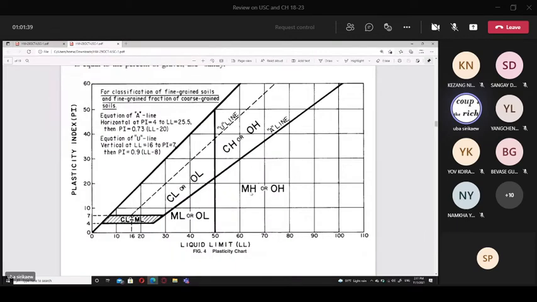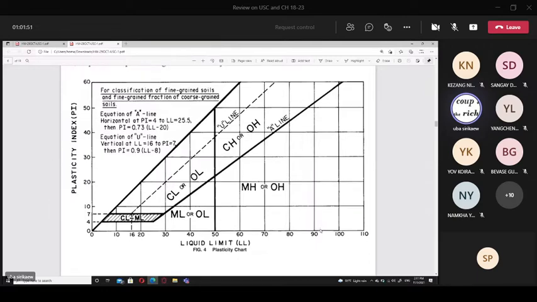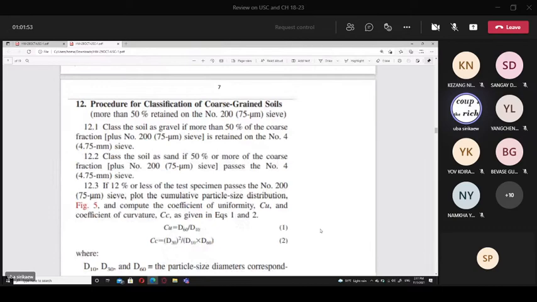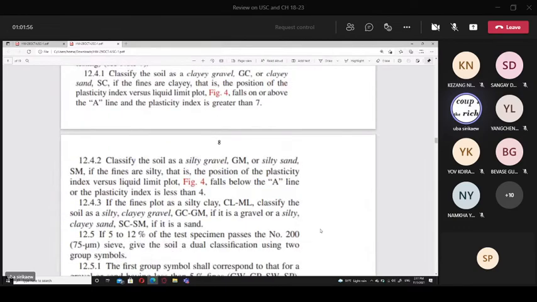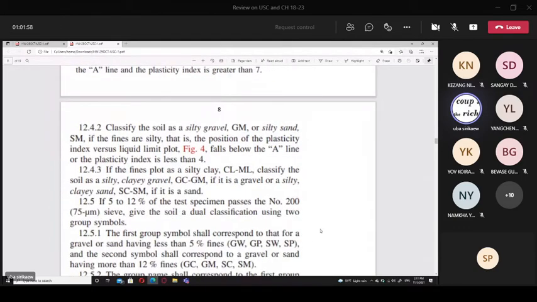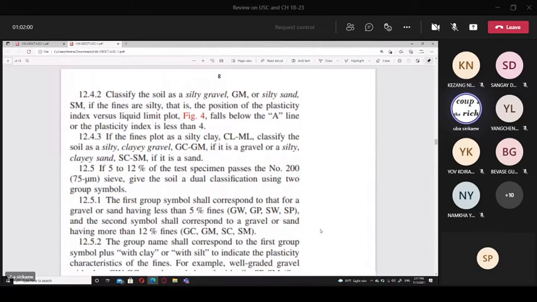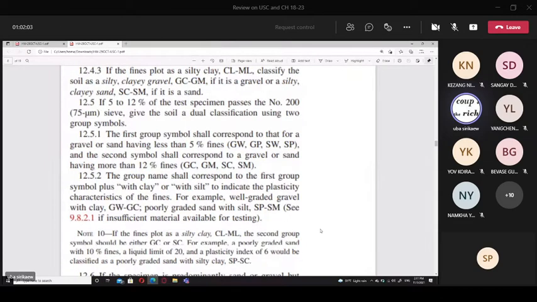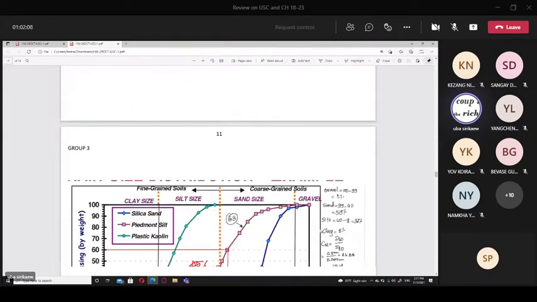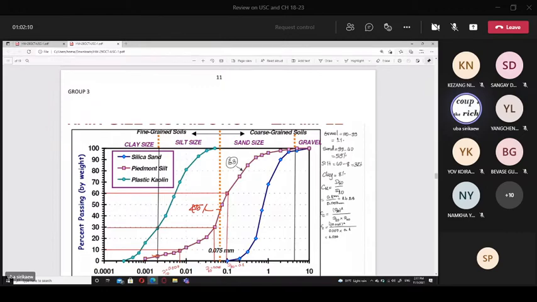Is it CL, MH, ML? So for today, I give you 30 minutes to give me the answer on how to classify the soil. I ask you to work together for 30 minutes and give me the answer on how to classify the soil that I gave you last week. For group number 3, you have to give me the answer.